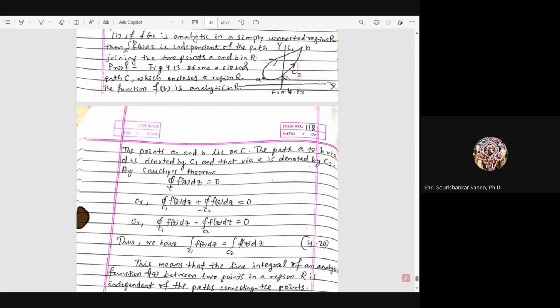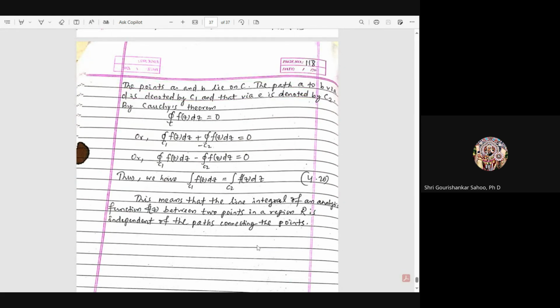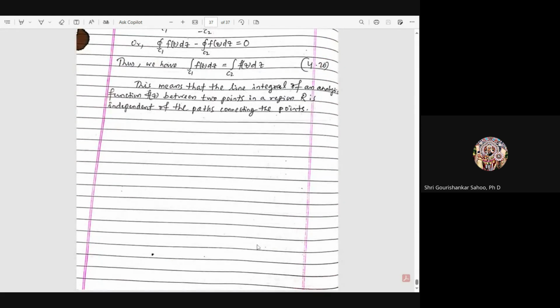So the integration over C1 of f(z) dz minus the integration over C2 of f(z) dz is equal to 0. So the integration over C1 of f(z) dz is equal to the integration over C2 of f(z) dz. So the line integral is path independent.